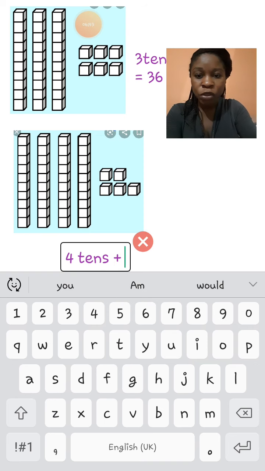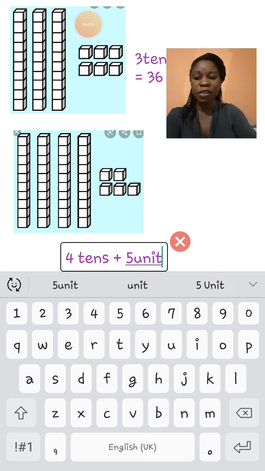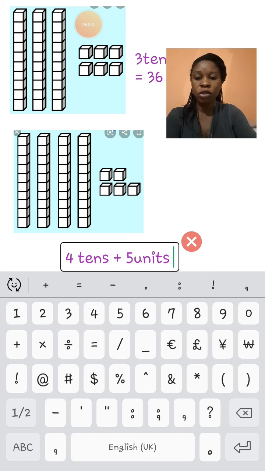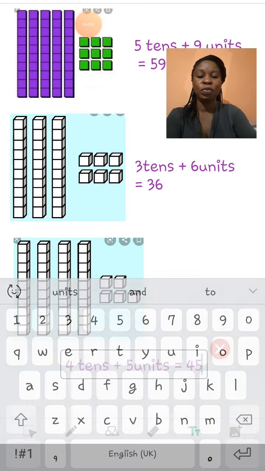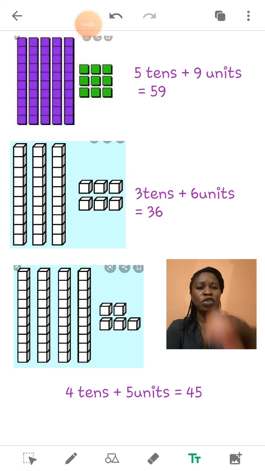We have 1, 2, 3, 4, 5. So we have 4 tens plus 5 units, and 4 tens plus 5 units is equal to 45. Super easy. Now let's try a little bit of a complex one.